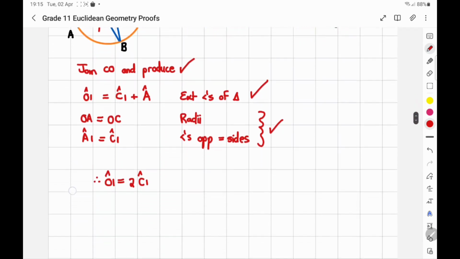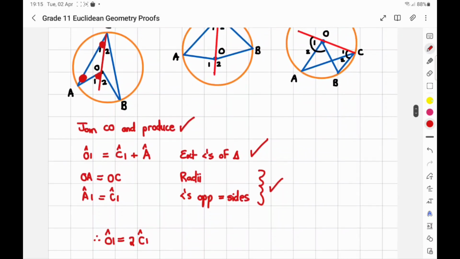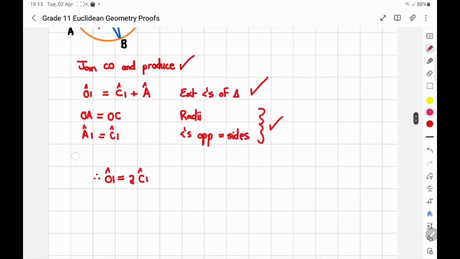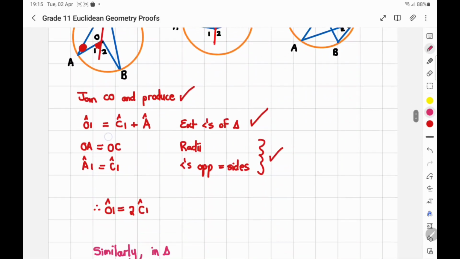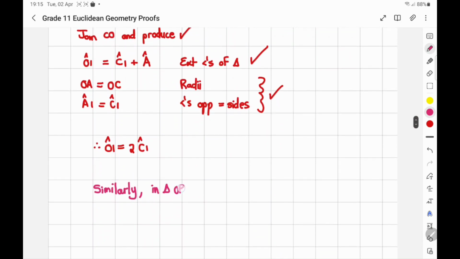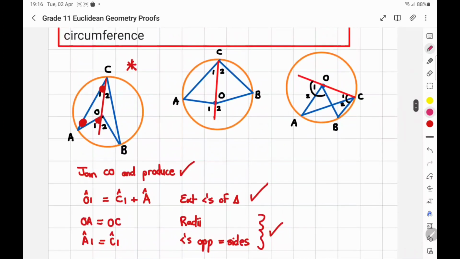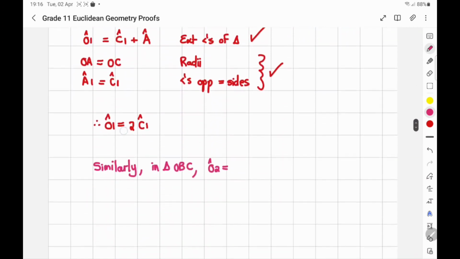Then you're going to do exactly the same on the other side, so you don't have to write it out. You can just say, similarly, in triangle OBC, try to be as descriptive as you can, O2 is also going to be 2C2s.